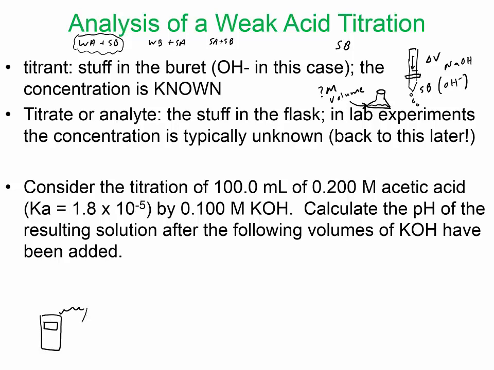This is in our flask, and then you have a burette that's adding OH. Sometimes, depending on your setup, it'll be on a stir plate, with a stir bar swirling the whole time that you're adding.